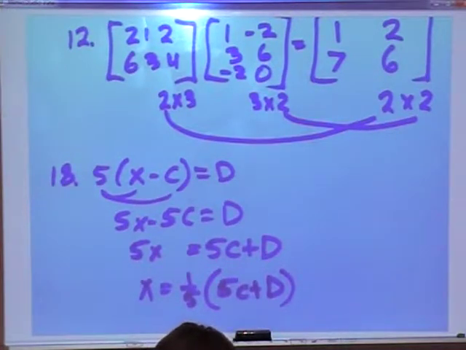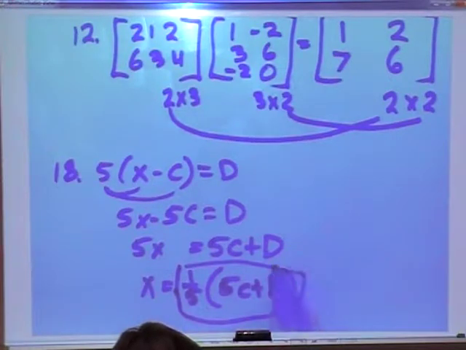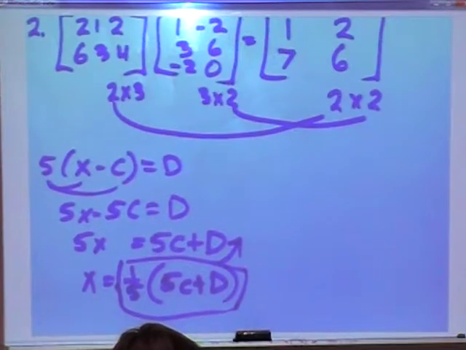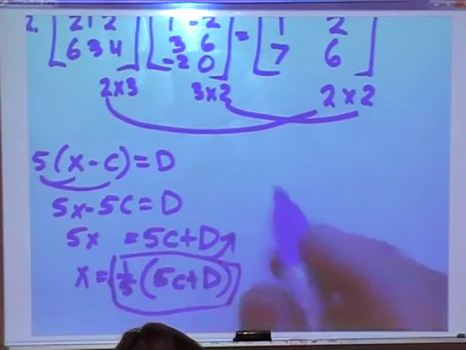Now, they actually give you what C and D are in the book. So here we go. We're going to put this up here with the matrices that they give us. All you're doing is transferring and substituting in this expression.